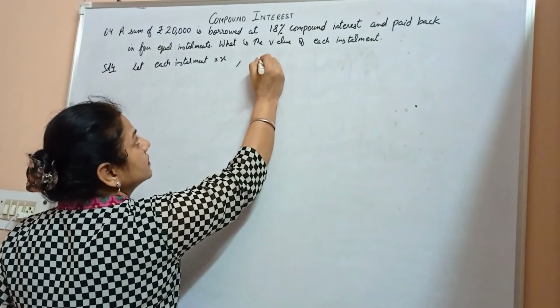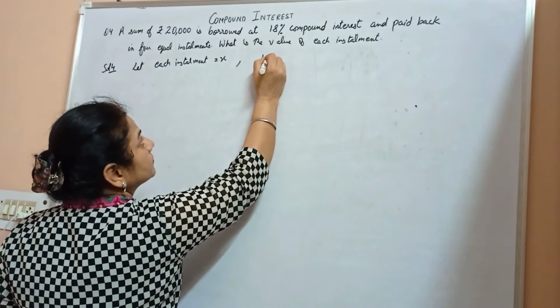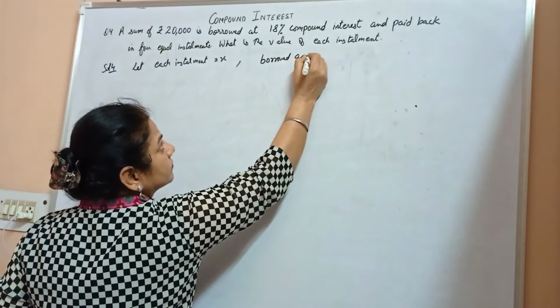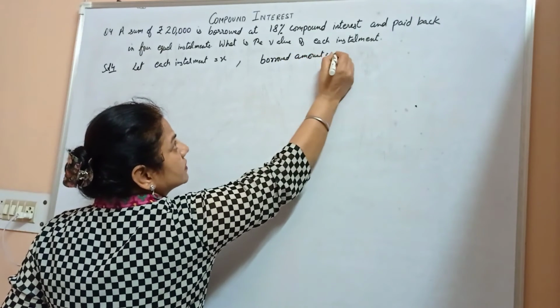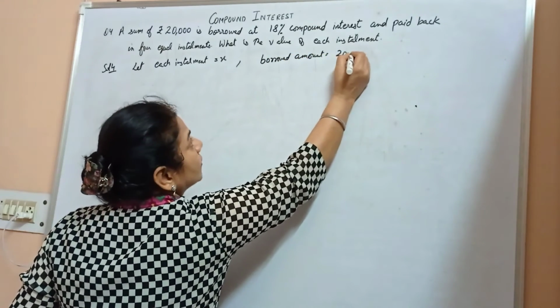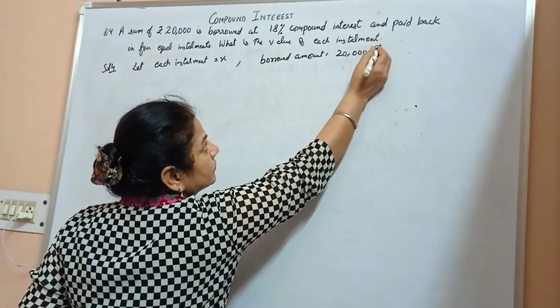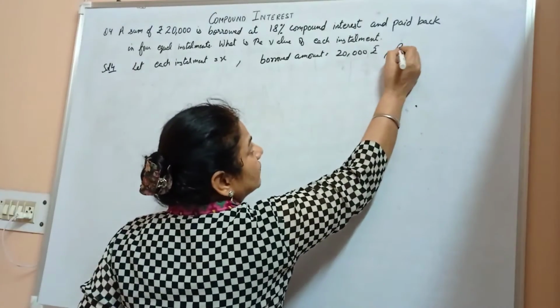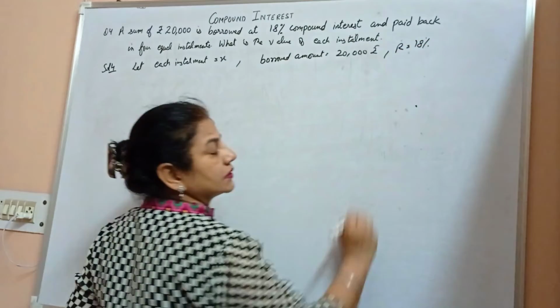The money borrowed is 20,000 rupees, and the rate of interest is given as 18%.